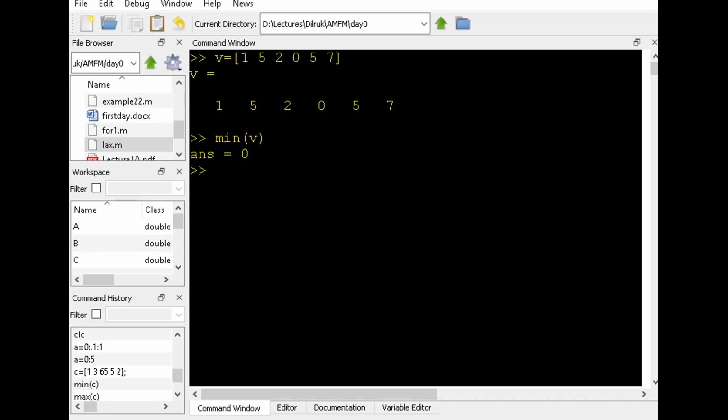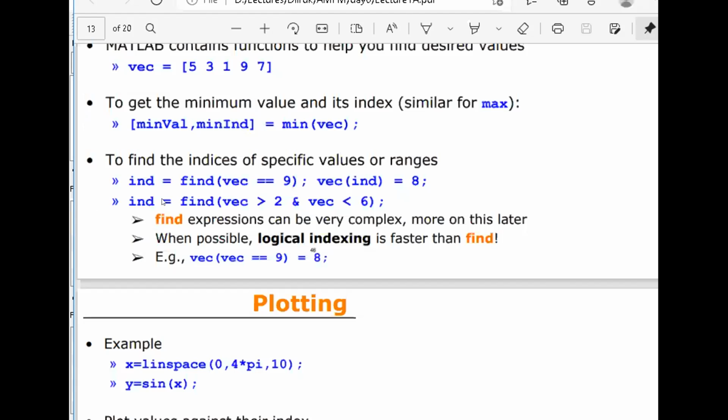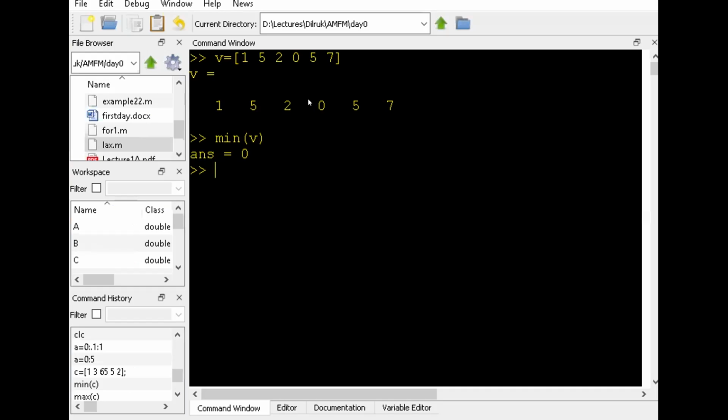So how do you find that? That's why I use the built-in function find. So let's find the index, or the location, of the minimum element of this vector. So we use the find command.